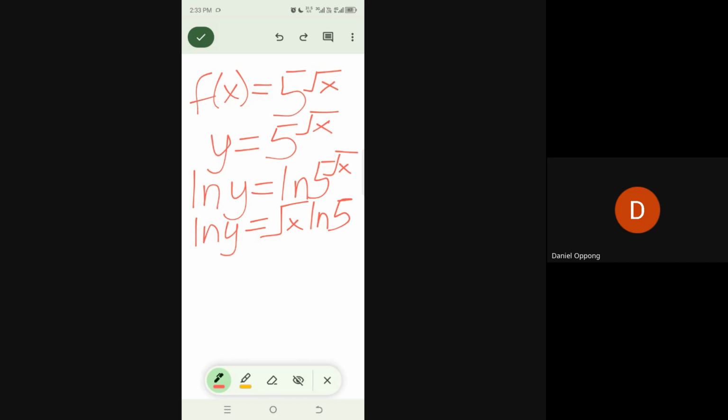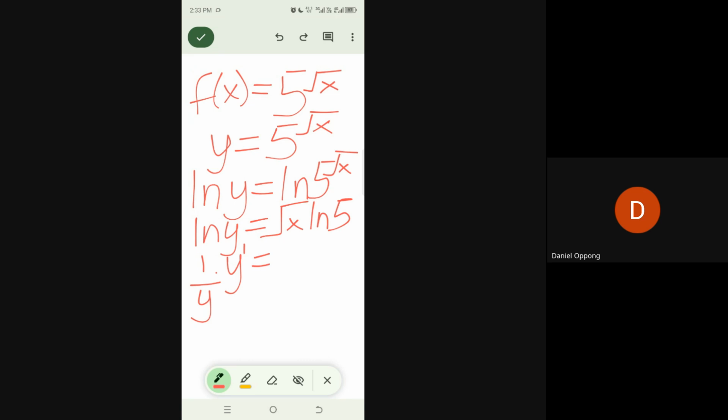Now we have to differentiate both sides. ln y is an implicit function, so when you differentiate ln y you get 1 over y, and because it is implicit and we differentiate with respect to x, you bring in y prime.